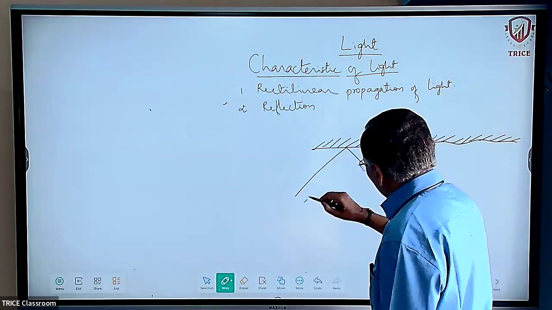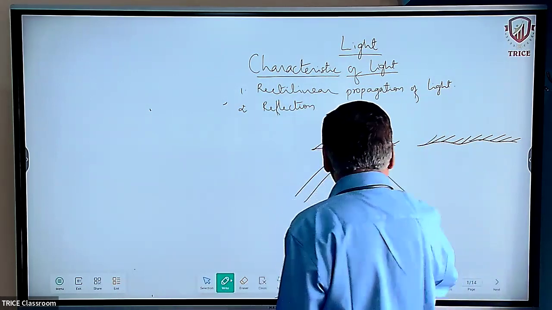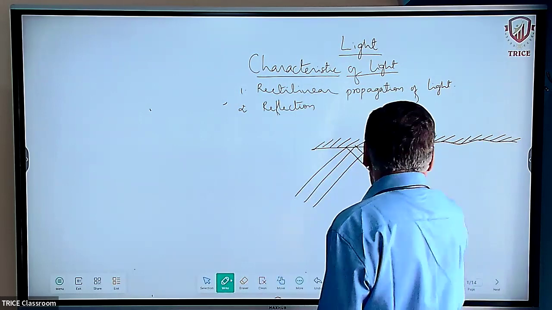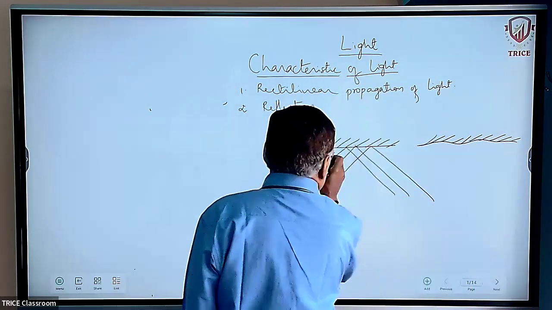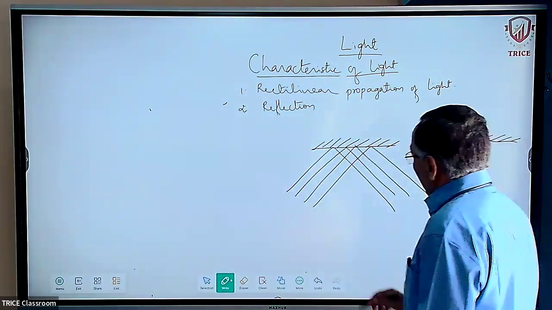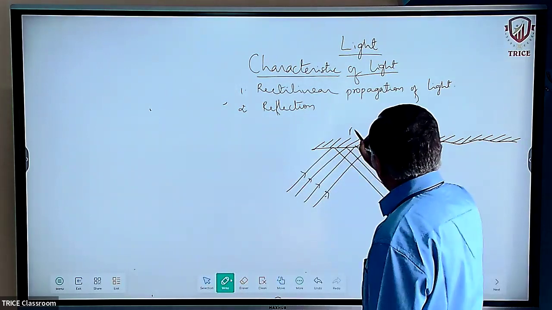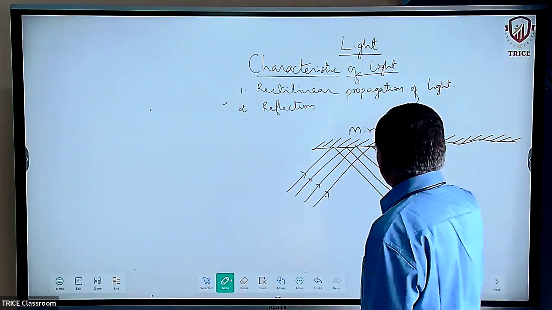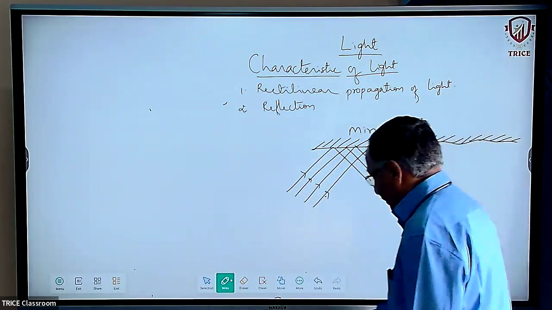Now another light ray falls on this. Whatever light rays get reflected from the reflecting surface, they form a beam of light.